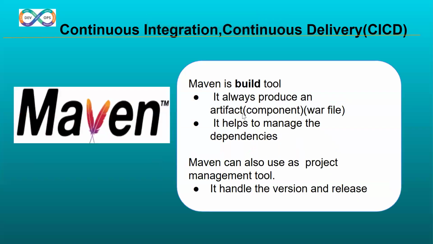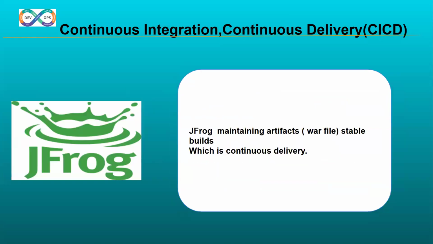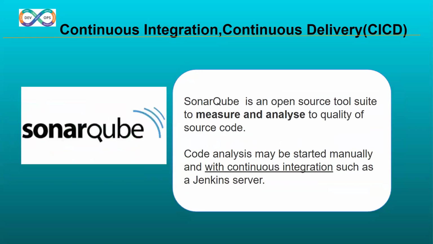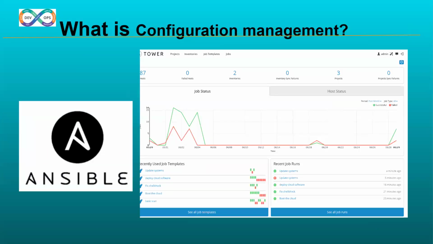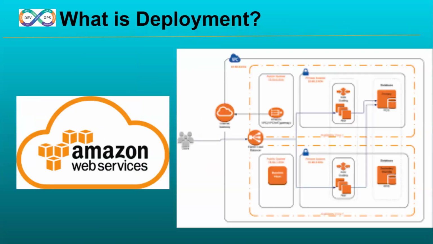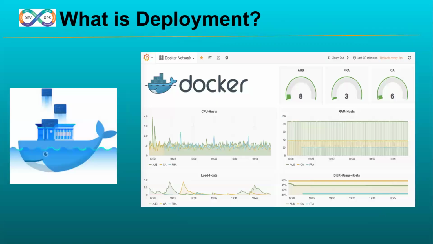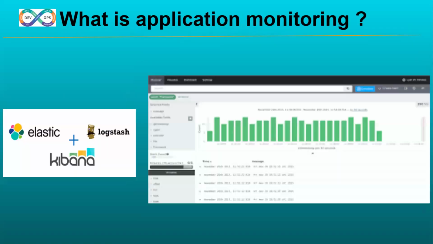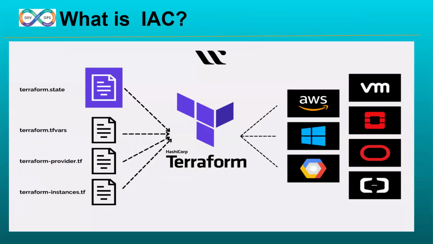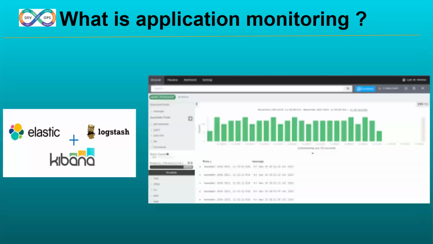Git, Maven, Jenkins, JFrog, SonarQube, configuration management with Ansible, AWS Amazon Web Services, Docker, Kubernetes, ELK Elastic Log Stacks, Kibana, Terraform. So these are all the tools we are going to be learning.